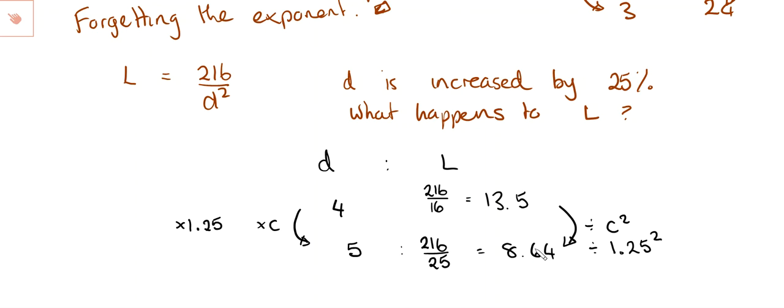Can we just confirm it? Can everyone do it? 13.5 divided by 1.25 squared should give you 8.64 if we're following that rule. Does it? Yes. Okay, let's just work that out then. Times in by 1.25 is an increase of 25%. What's dividing by 1.25 squared?